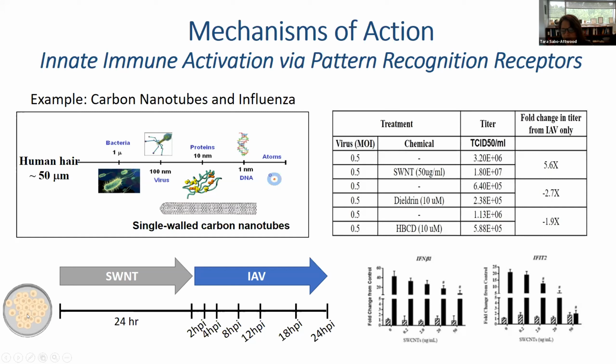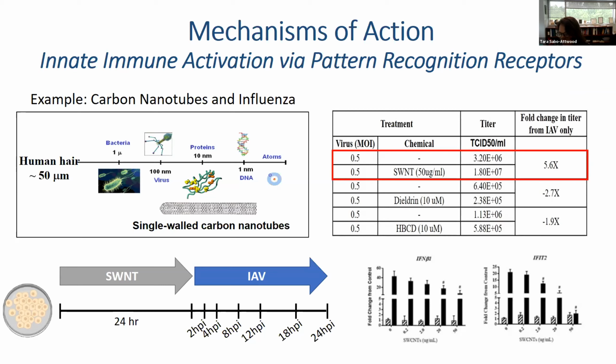In a very simple set of initial experiments, we took lung cells, exposed them to carbon nanotubes, and followed with a viral infection. This was an influenza H1N1 virus. Essentially what we saw is that we would always get a very significant increase in the viral titers, which is a measure of the number of viral progeny being produced by the cells.